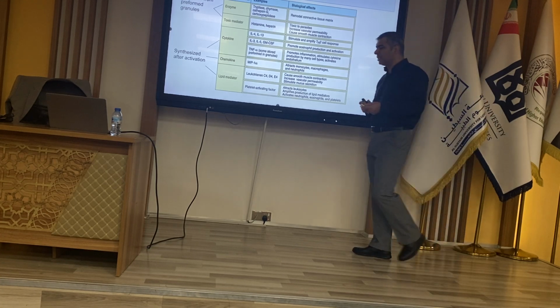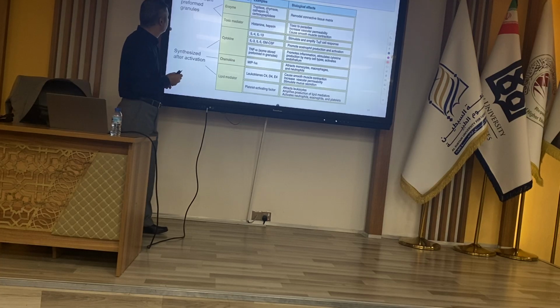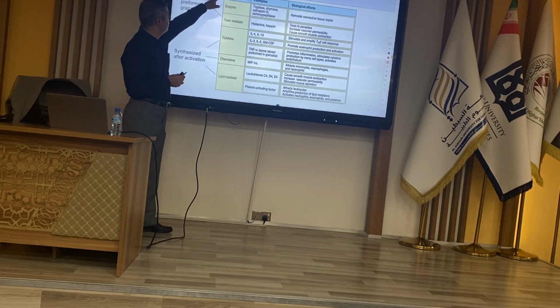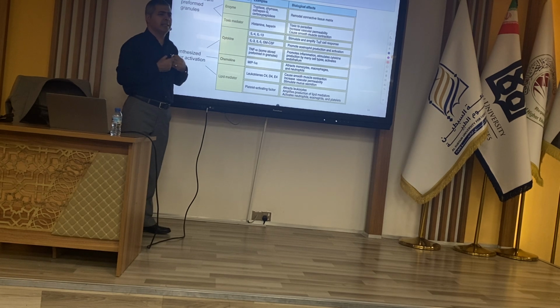So the mediators released from mast cells are categorized in two groups. Different kinds of mediators are released from the mast cells. This slide is about the things that mast cells release to induce clinical manifestations that we see in allergic reactions.